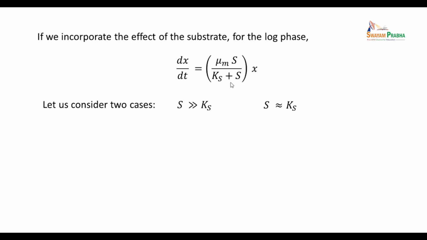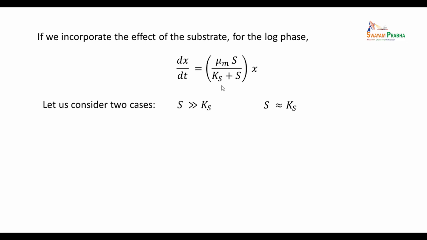Ks and S are added in the denominator. If S is much greater than Ks, let us say, just to illustrate, that Ks is 1 and S is 1000. Whether it is 1000 in the denominator or 1001 in the denominator, it is not going to make much of a difference to the value of this mu. So, you can very safely replace Ks plus S with just S alone if S happens to be much greater than Ks.